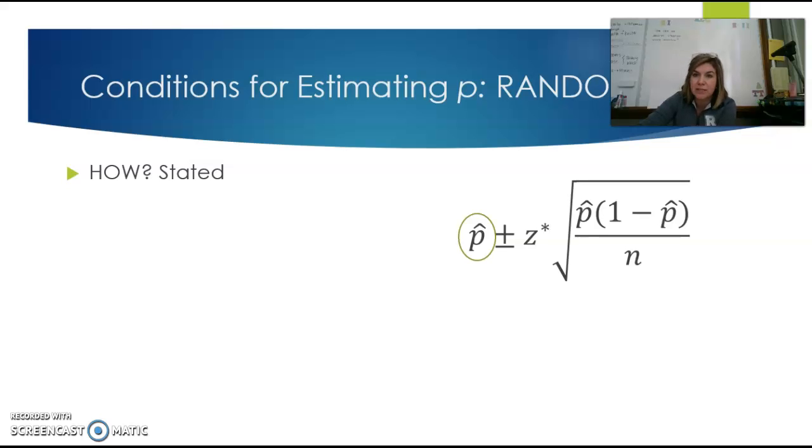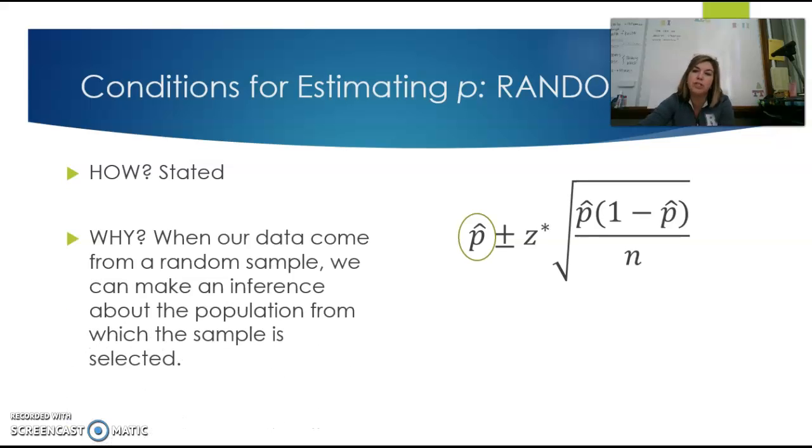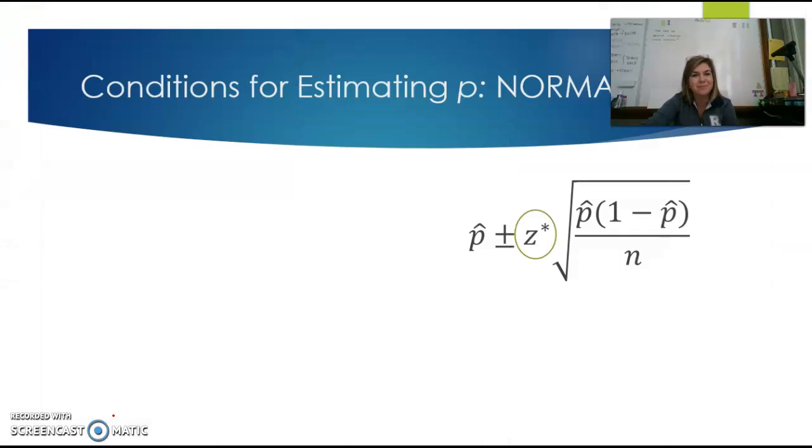We check this because when our data comes from a random sample, we can make an inference about the population. If I were to just ask all of you a certain question, I can't make that inference for all Des Moines Public High School students because you are my convenience sample. So we want to make sure we are taking a sample that is reflective of the general population. If it's not random, we can't do that.